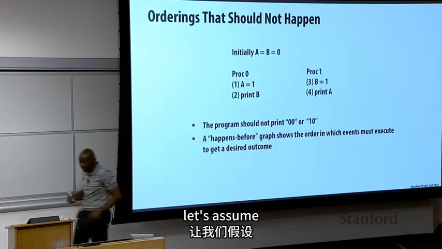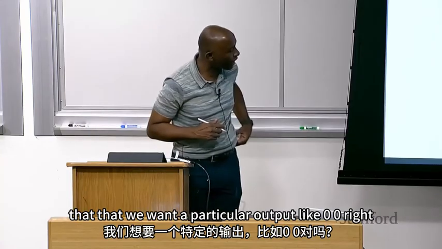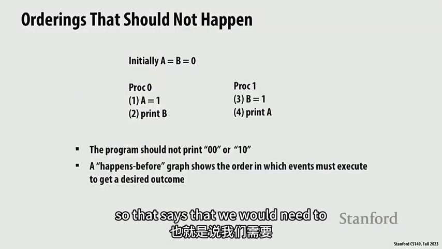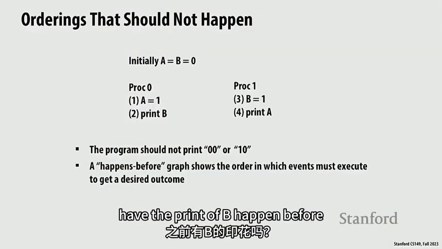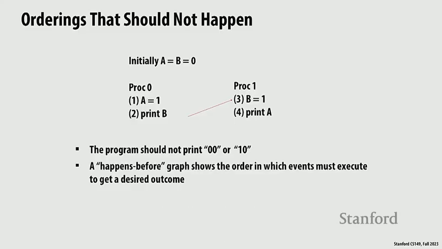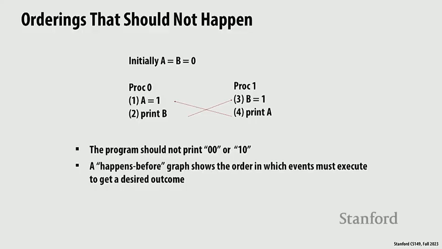So let's assume that we want a particular output like 0, 0. Right? So that says that we would need to have the print of B happen before B gets set to 1, right? And we'd also need the print of A to happen before A gets set to 1.